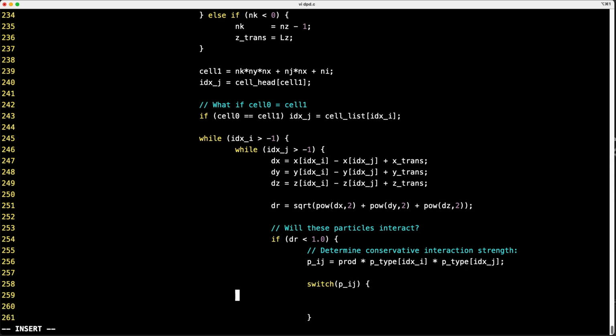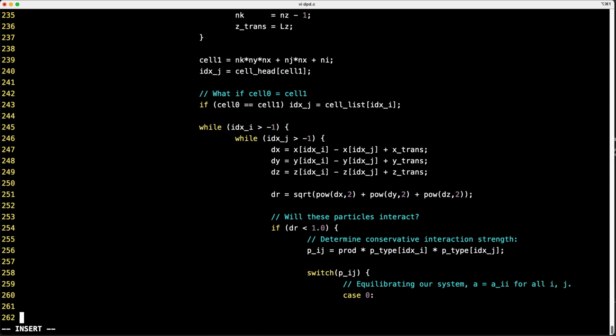So if, for example, Pij is equal to 0, then what happens here, let's just write the comment so we're clear on this, is we are equilibrating our system. So A is equal to AII for all I and J. The same thing is true here.